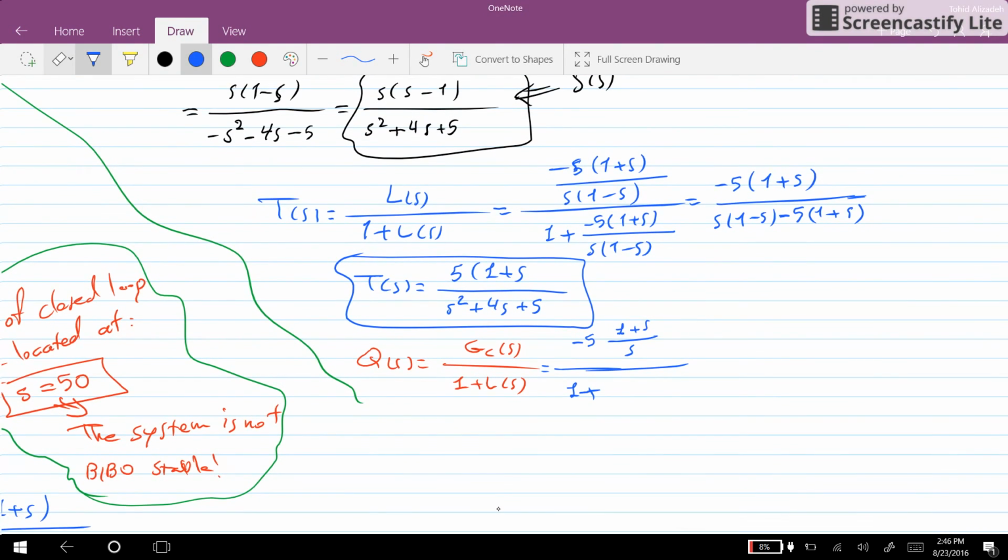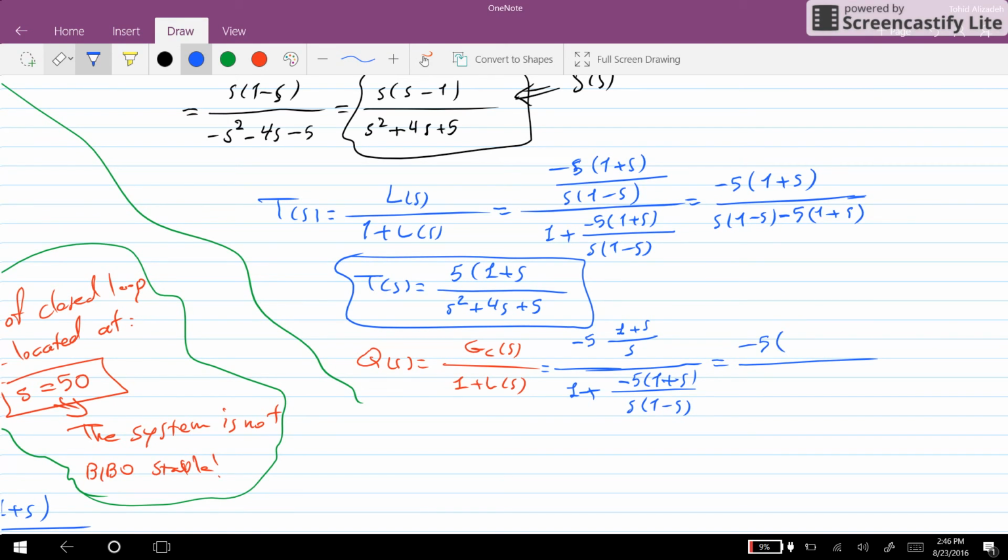So LS is minus 5 times 1 plus S over S times 1 minus S. And if we simplify it, let's see what we will get.